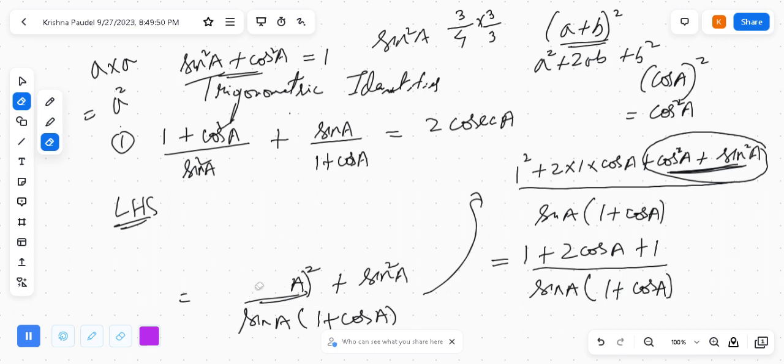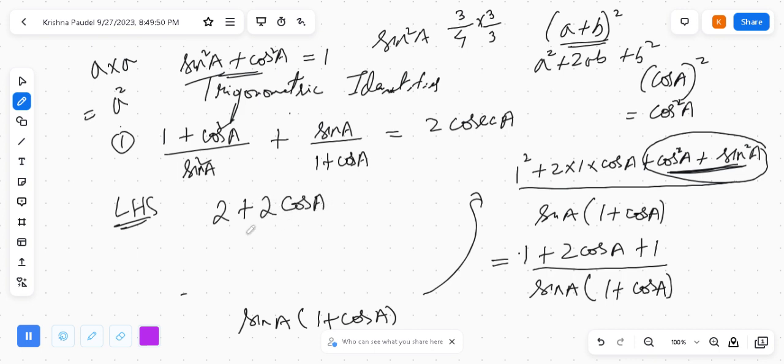Like in the numerator, we can add the numbers, means this one and this one will give me 2 plus 2 cos A, and denominator will remain as it is, sine A into 1 plus cos A.